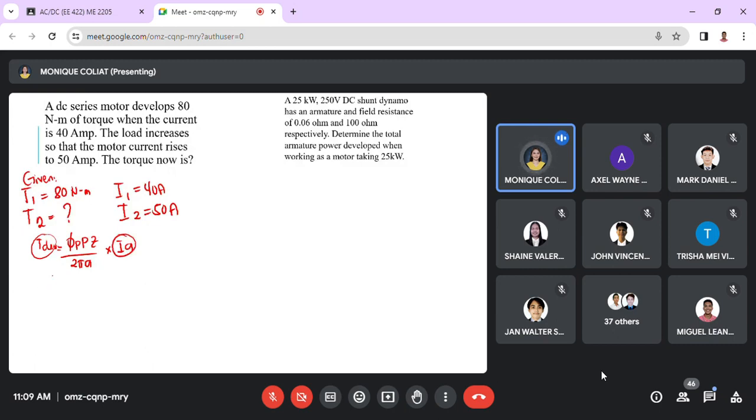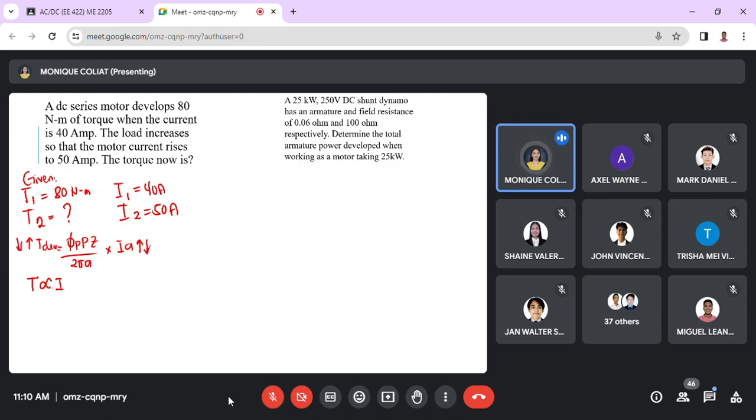From that, what is their relationship? Is it inverse or directly proportional? Torque is directly proportional to current. Meaning, if the current increases, the torque increases. If the current decreases, the torque decreases. Okay? So, they are directly proportional.